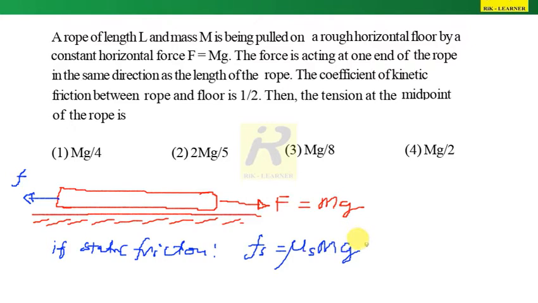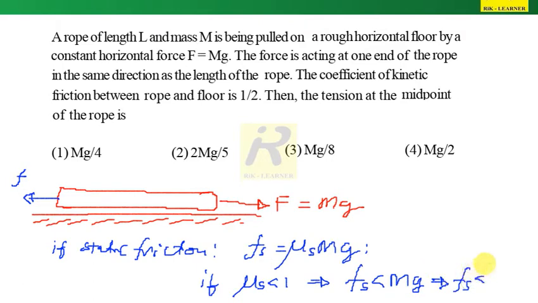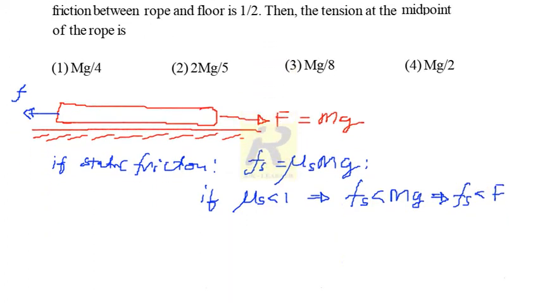In most of the situations, what do we know about this mu s? If mu s is less than 1, then definitely Fs is less than mg, and this mg is the applied force F. So this force is more and this friction is less.